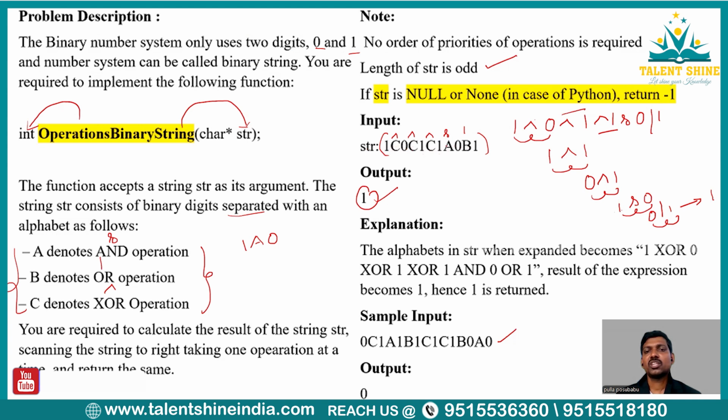So the length of the string is 11, which means odd, right? Now, if the string is null, so the length of the string is 0 or null, we have to return -1. In case of Python, if it is None, we have to return -1.